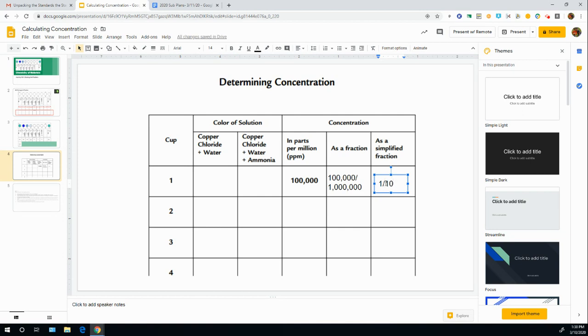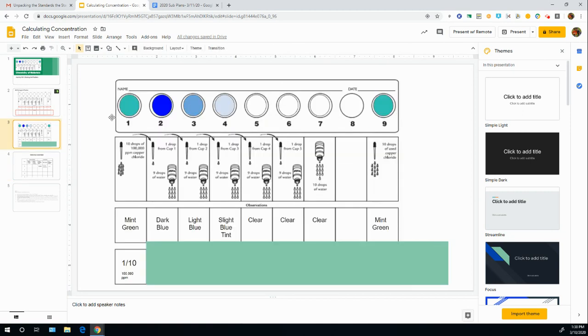And doesn't that make sense, guys, as you start to think about each of the cups in our CPUP tray, that each of them is 1/10 of the previous cup. So let's go ahead and continue on.